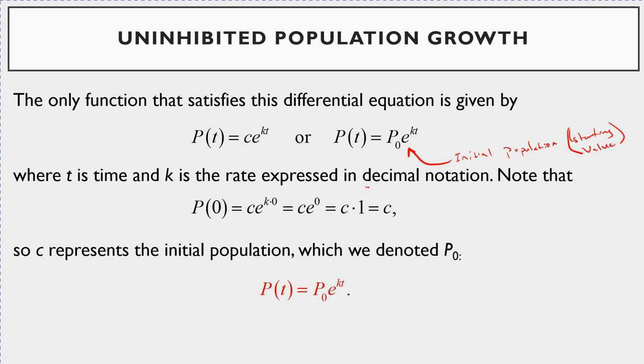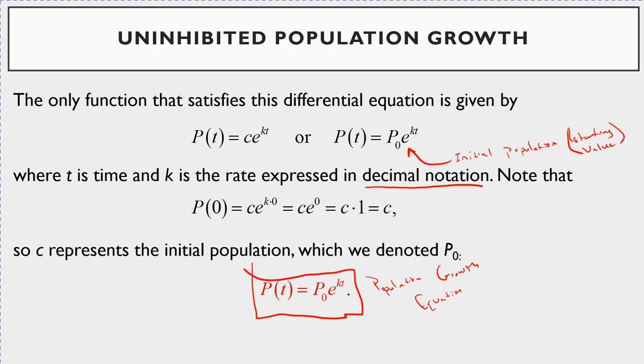Just note at time 0 you're just equal to C, the initial value. So we're going to have this be our population growth equation. It's P sub 0, the initial population, times e raised to the kt.